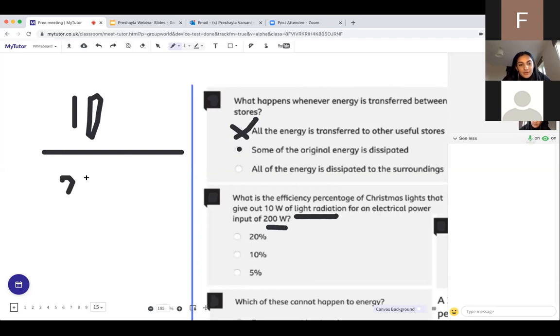So remember, the equation tells us to do useful over total. So 10 divided by 200 is 1/20. Now, remember that we need to have it as a percentage.